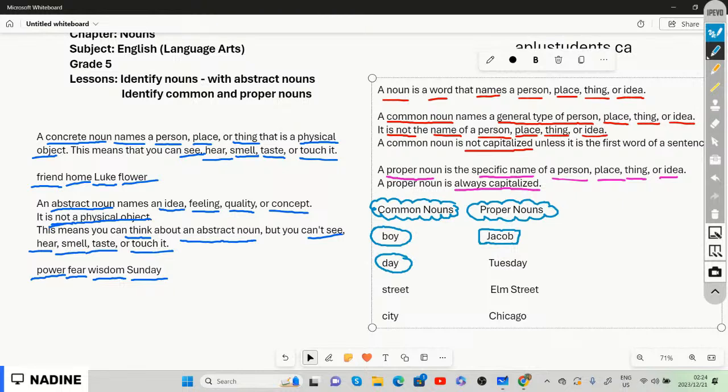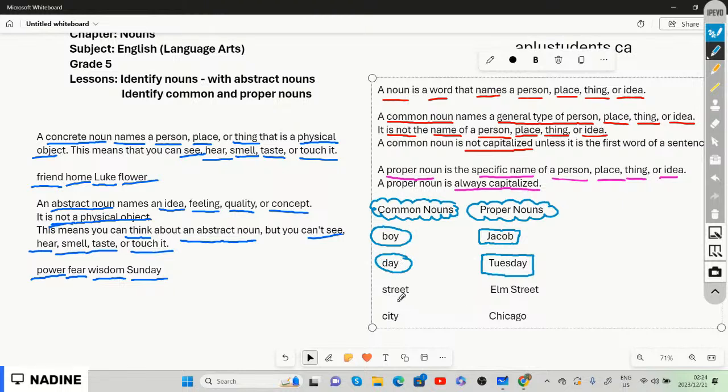But if you are specifically making mention of a specific day, then you can say it is Tuesday or Monday or Sunday or Saturday, right? And as you can see, we capitalize proper nouns, but we do not capitalize common nouns.